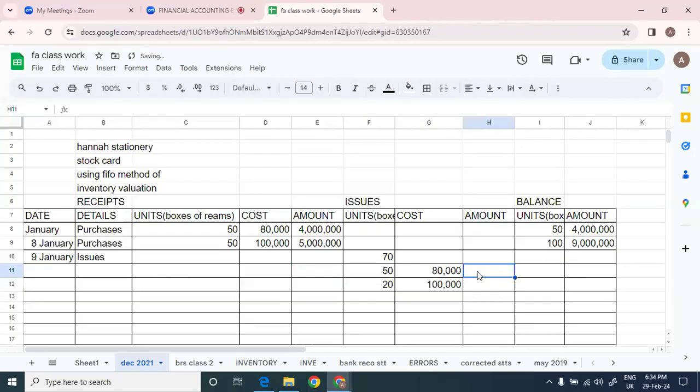So from there, we have these two. We come on our amount. We get 50 times 80, we get 4 million. We get 20 times 100,000, we get 2 million. Let me put commas.